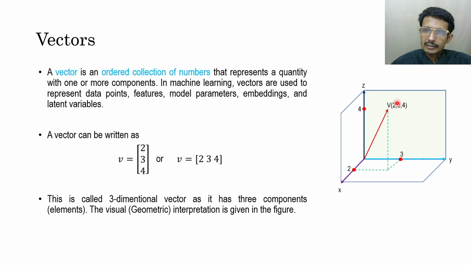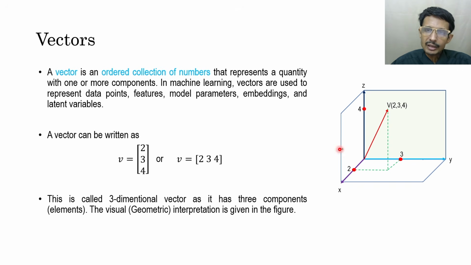So this is a kind of vector by which we can find a point in this three-dimensional space, and it can be represented either row-wise or column-wise. It's a column vector or a row vector as per application demands.